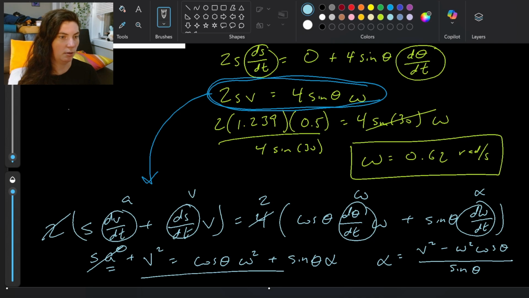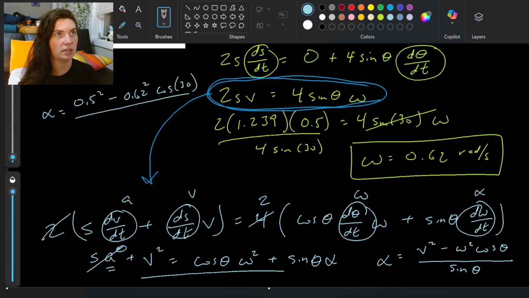Let me see, I'm kind of running out of room. Let me see if I can pop it up here. My alpha, my v squared, so 0.5 squared, minus omega we just calculated was 0.62 squared times cosine of 30 degrees all over sine 30 degrees.